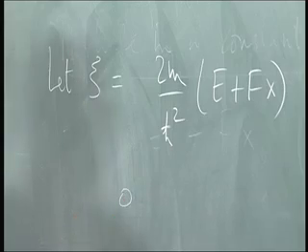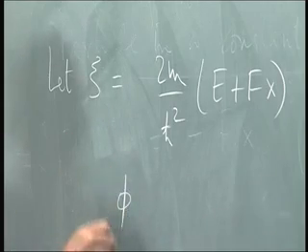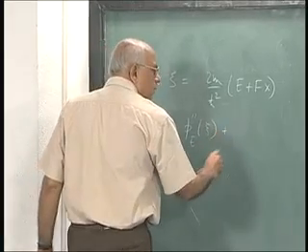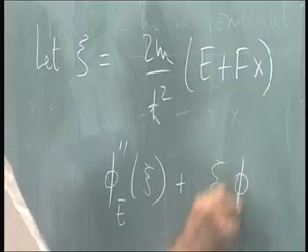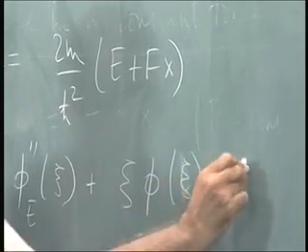It does, well, in some new variable, let me continue to call this phi itself. So phi double prime of C, E plus C phi of C equal to 0.